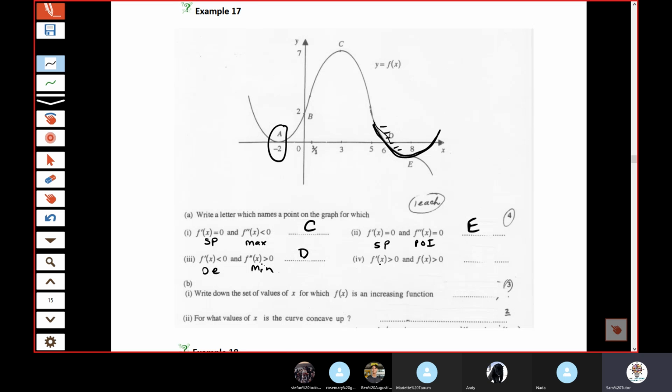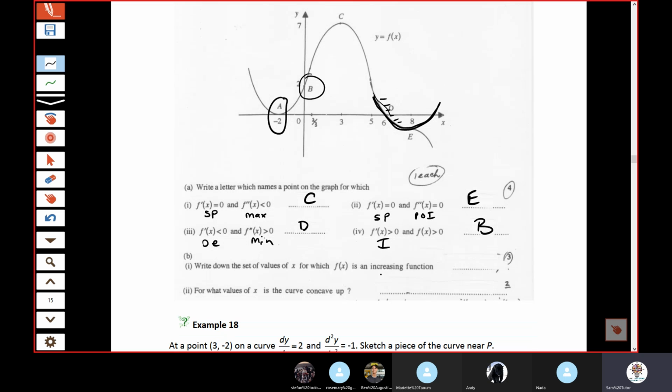And then part four. When is y dash greater than 0? Increasing, and this means the function is positive. So when is it greater than 0 and the function positive? The only other letter left will be B. All good?